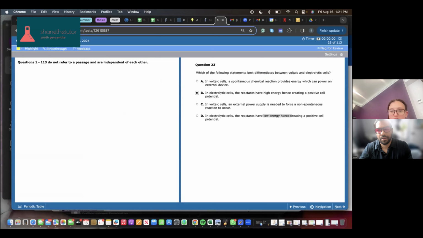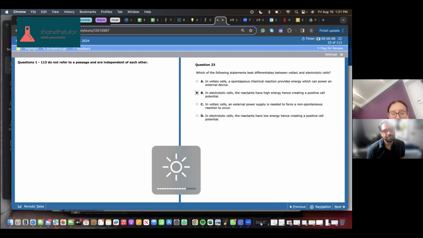They would have high energy because of the positive. So D is wrong. A is spontaneous, but it doesn't really say anything about the external device, right? So B is the best.